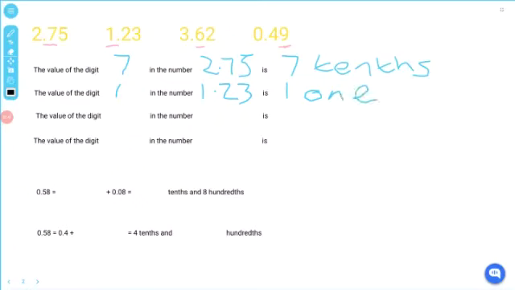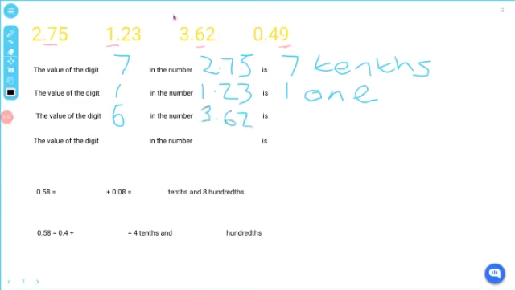Okay, so on to our next decimal number. We have 3.62. Okay, so here, as we can see, what number is underlined? That's right, 6. So the value of the digit is 6, so we can place 6 here. And the number of the decimal is, that's right, 3.62.